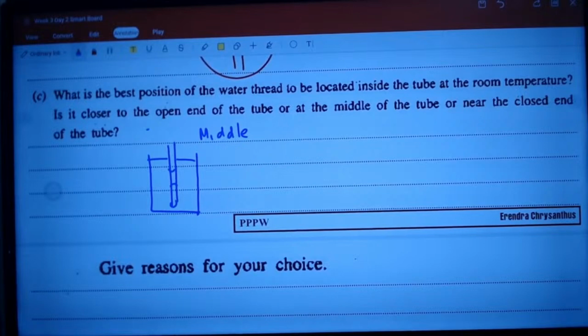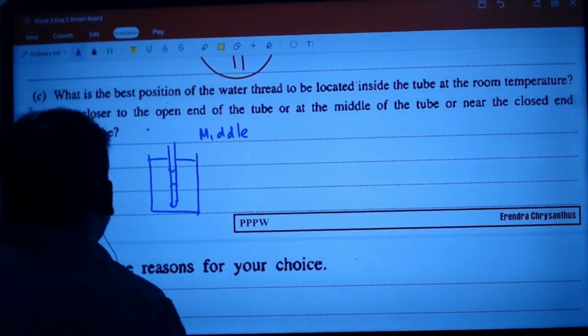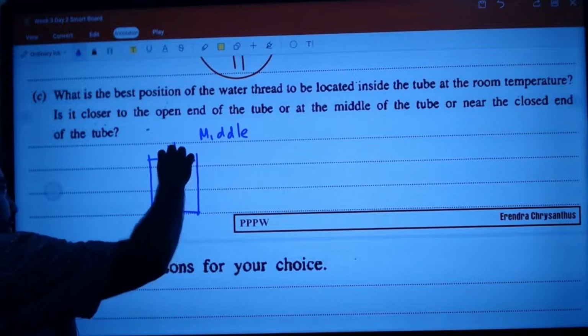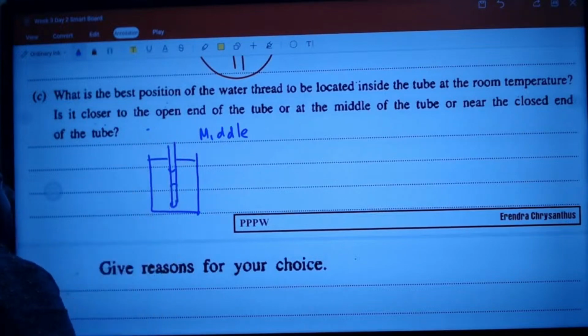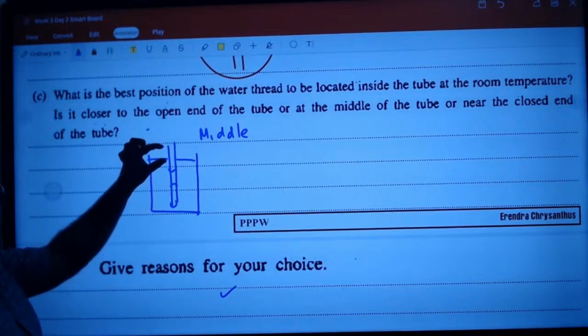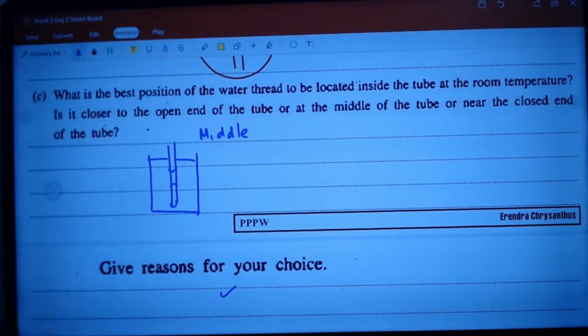When we heat the tube in water, the water thread will travel along the tube. And if it's near the open end, it will jump out.